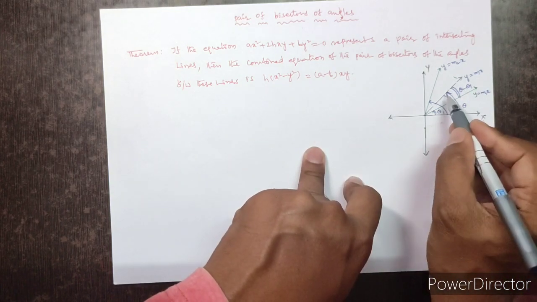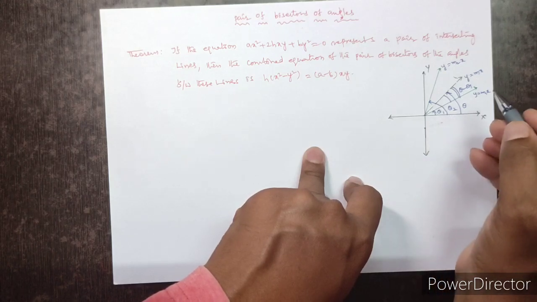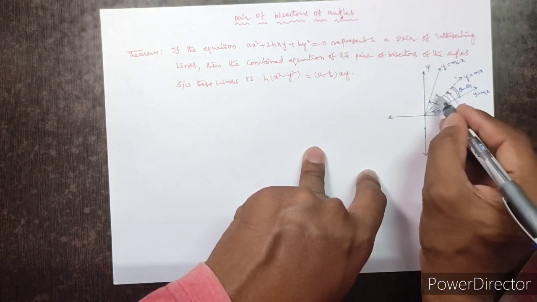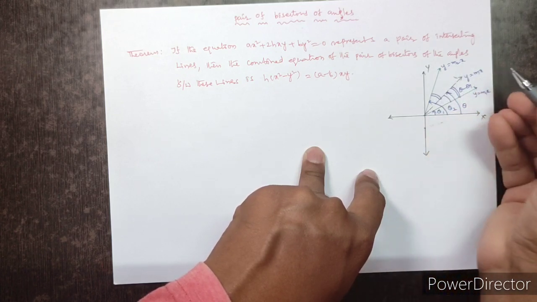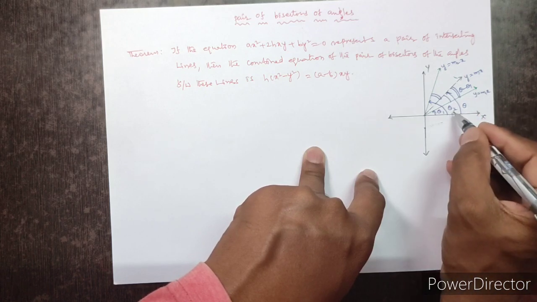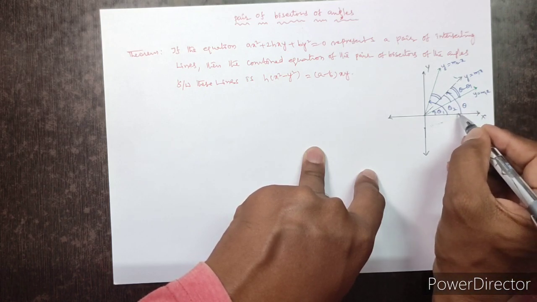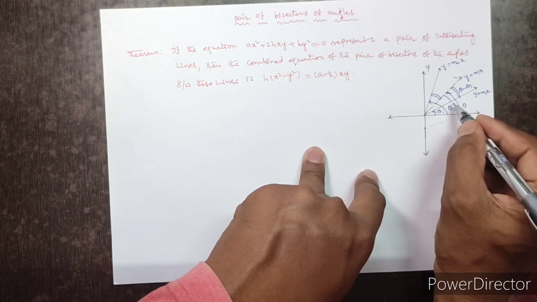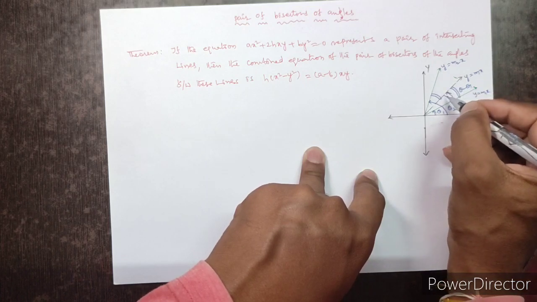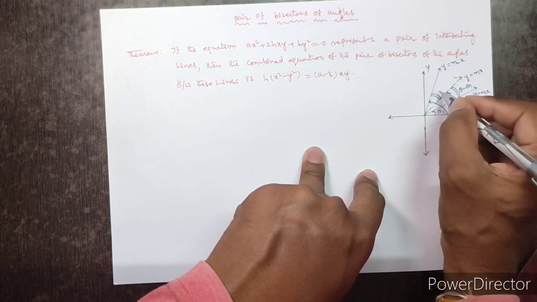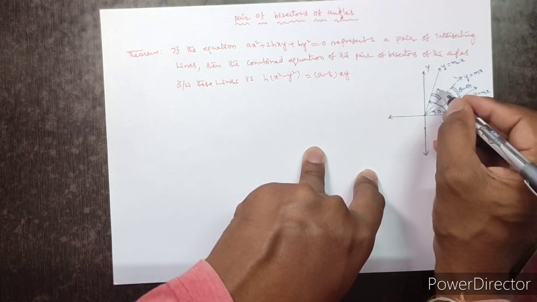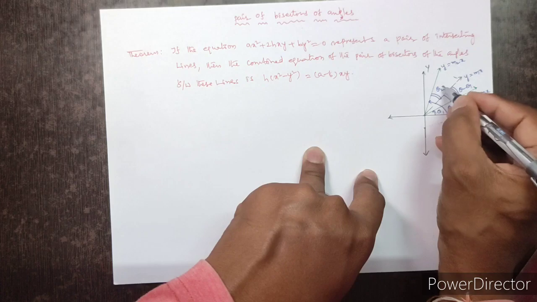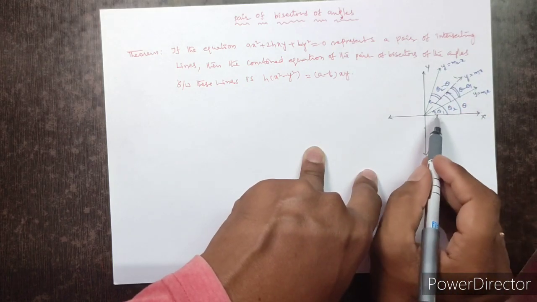This is the theta minus theta 1, and the angle between y equal to m2x and y equal to mx is nothing but theta 2 minus theta.